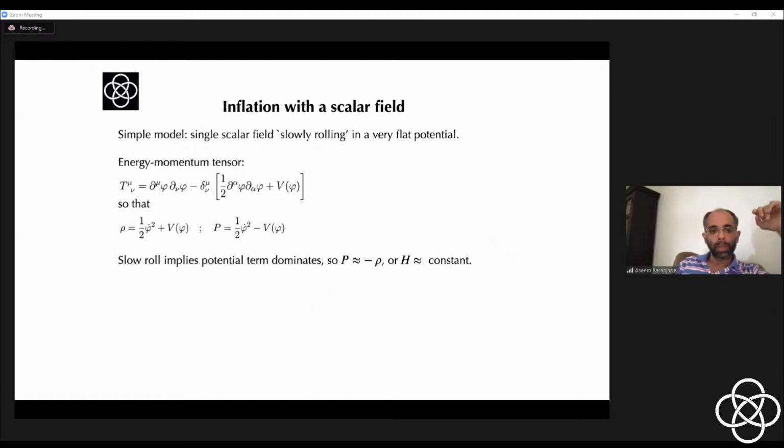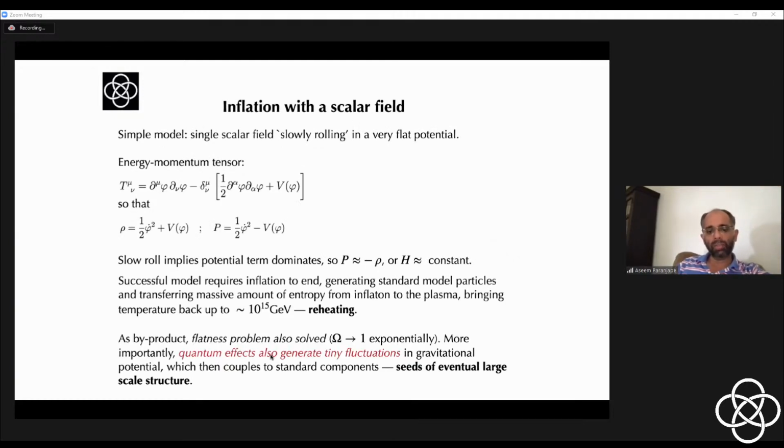That's good. It also ends up solving the flatness problem because, as you can go back and check, if the scale factor is increasing exponentially, then everything in the universe, all energies, etc., everything is decaying away. In particular, the curvature is also decaying away. So the universe is completely dominated by the inflaton field only, and therefore the total omega is only coming from this inflaton field.